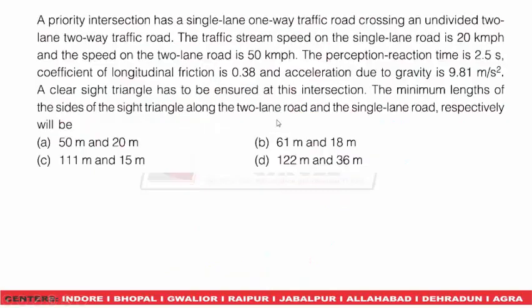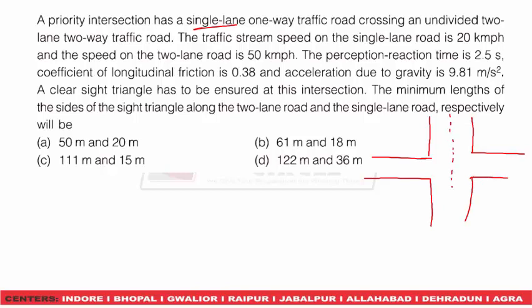The next question is, a priority intersection has a single lane one-way traffic road crossing an undivided two-lane two-way traffic road. The traffic stream speed on the single lane road is 20 km per hour and the speed on the two-lane road is 50 km per hour. So there is an intersection at which one single lane road and another two-lane road are intersecting.